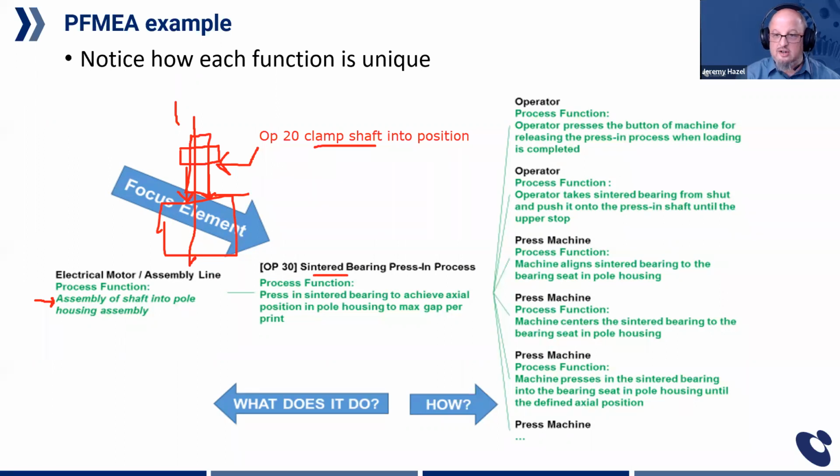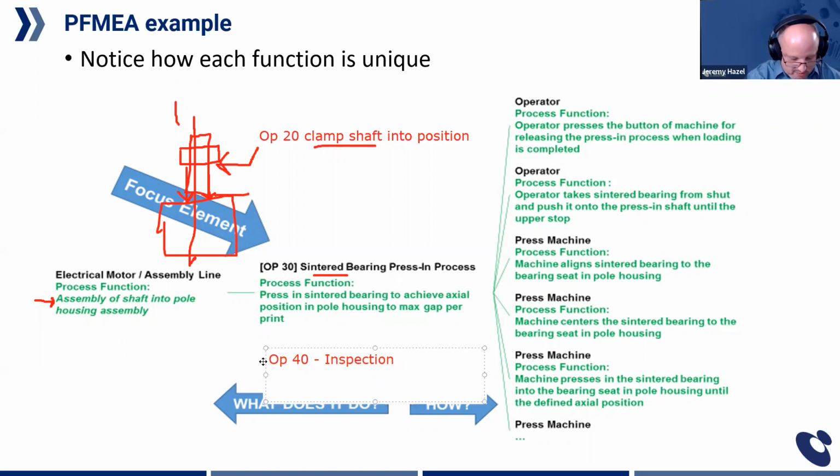Now, let's go ahead and add an op 40. Now, let's say after this part, we have an inspection step. The inspection step, their function would be inspect gap on shaft.